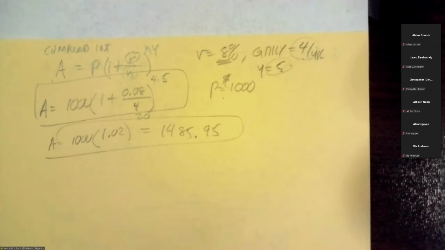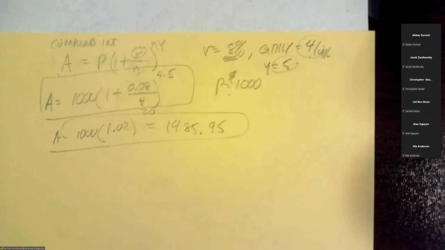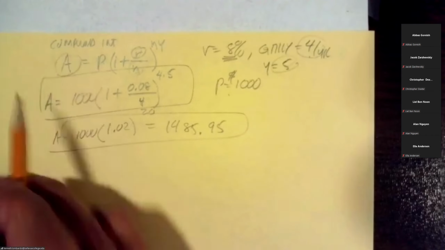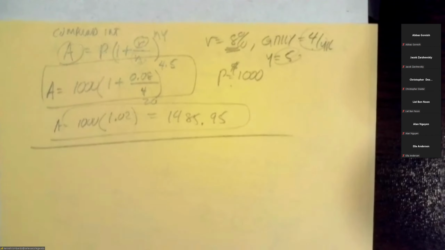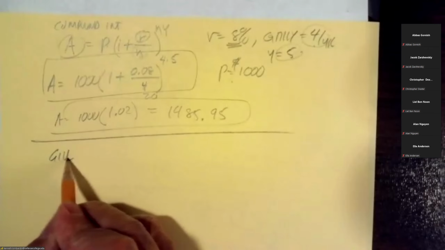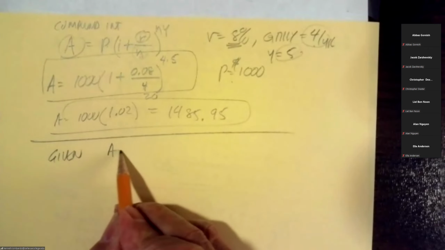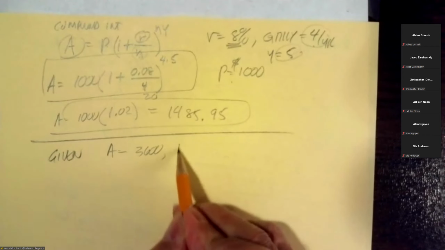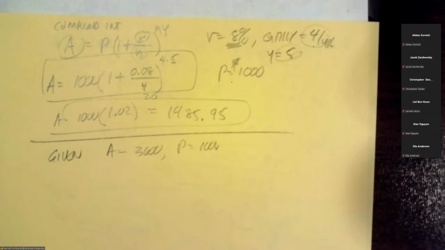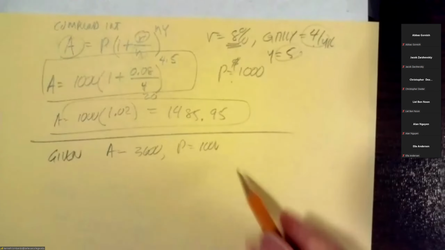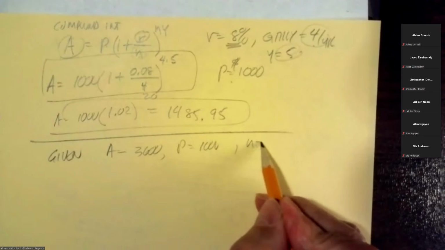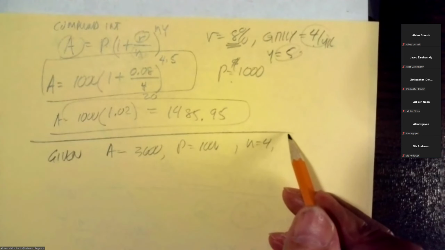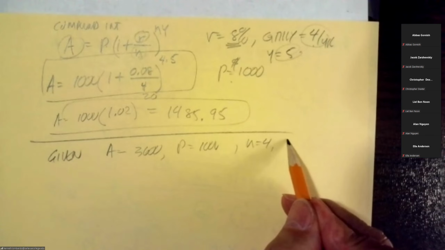Okay, you might be asked something different. You might say, I'm going to give you this A value. Let's try a different problem. Given A equals 3,600, that's the amount you get back. You invest 1,000 and you do it quarterly, so N equals 4. And you might say, well, how many years do I have to invest that?